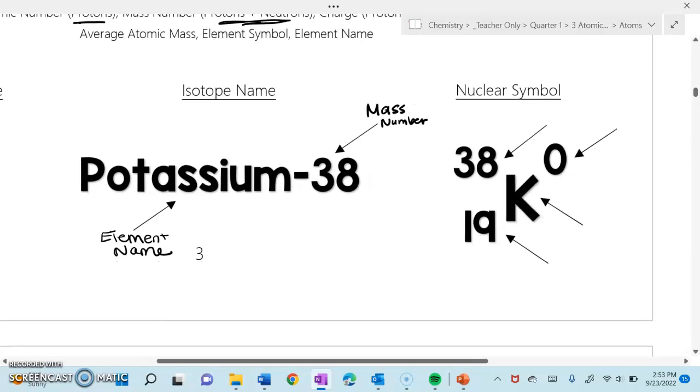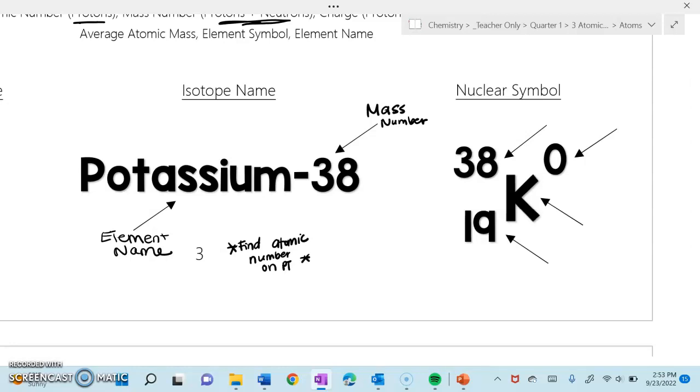In this case, potassium-38. If we have the isotope name, we can find the atomic number, which tells us protons, on the periodic table. The only drawback to the isotope name is it doesn't straight up tell us the atomic number. We'll have to do a little game of hide and seek on the periodic table to find its number of protons. But everything is there to be able to figure out protons, neutrons, and electrons.